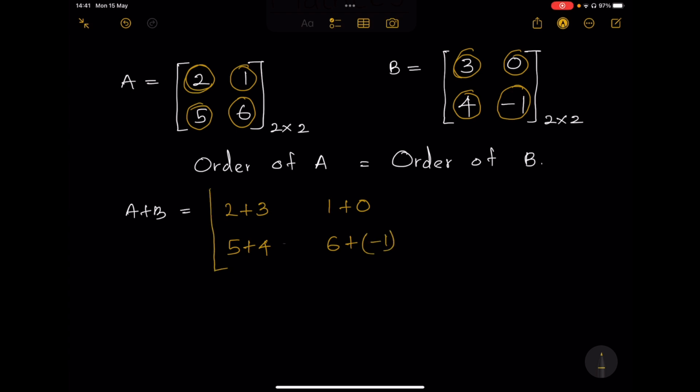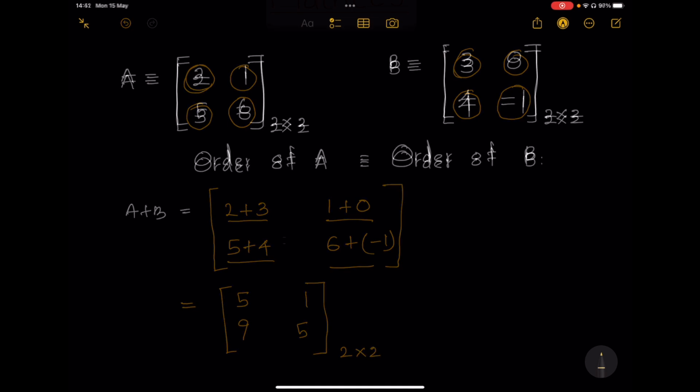Finally we add square brackets. Now 2 plus 3 is 5, 1 plus 0 is 1, 5 plus 4 is 9, 6 plus minus 1 is 5, square brackets. Order of A plus B is 2 by 2.